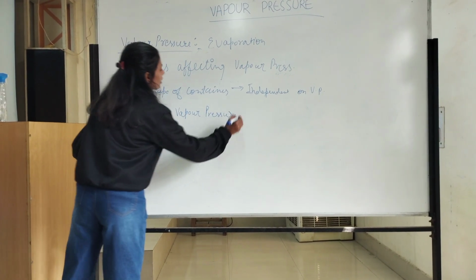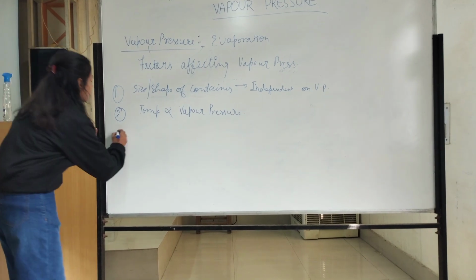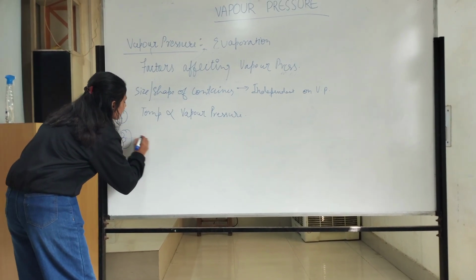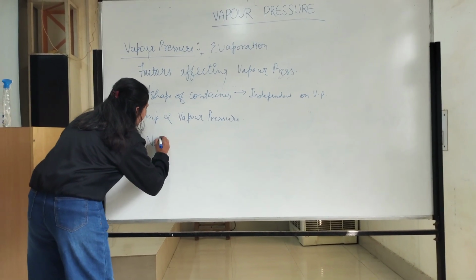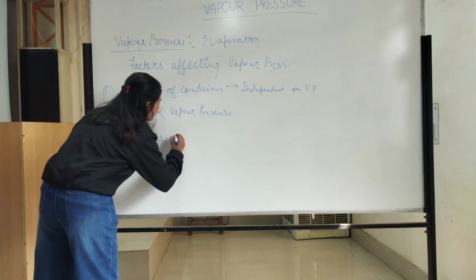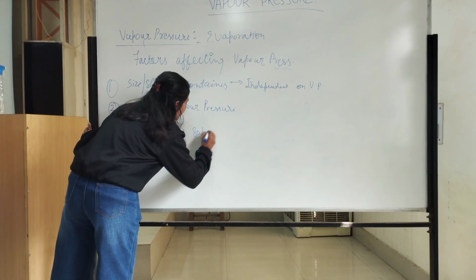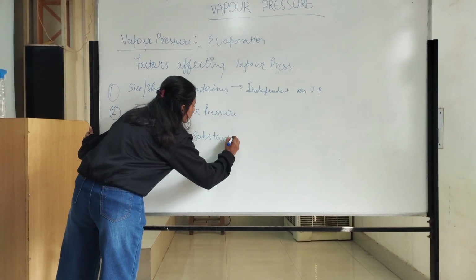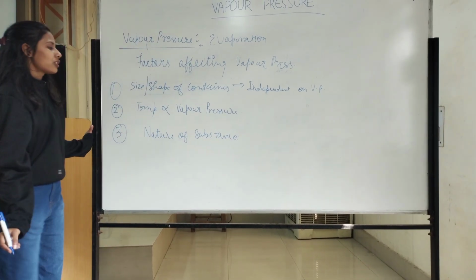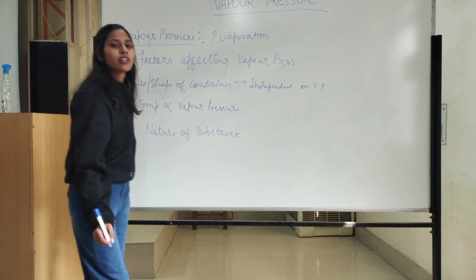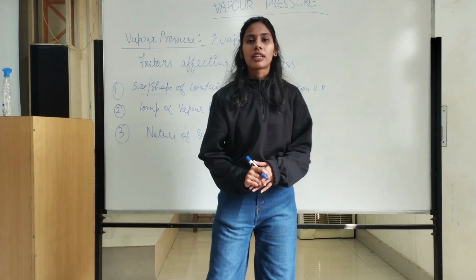The third point is nature of substance, which is most important. Based on the nature of substance, we have two types of liquid: volatile liquid and non-volatile liquid.